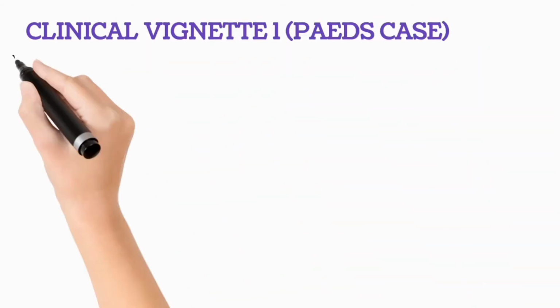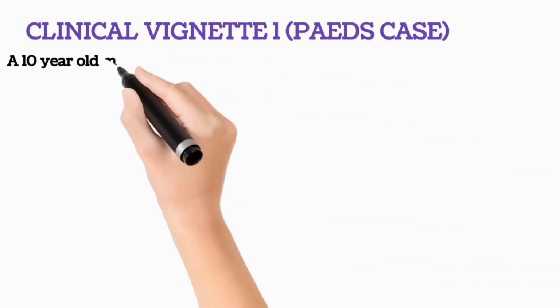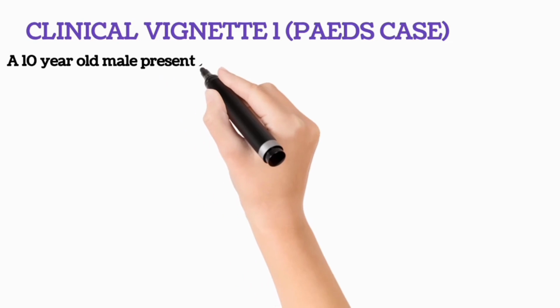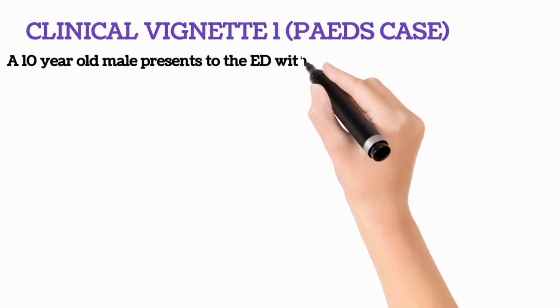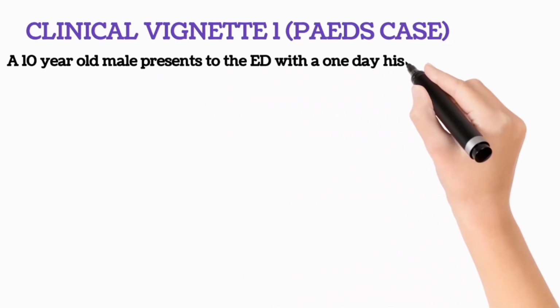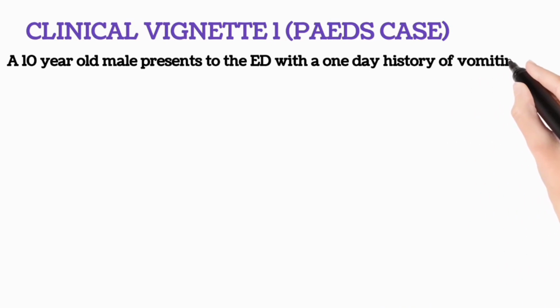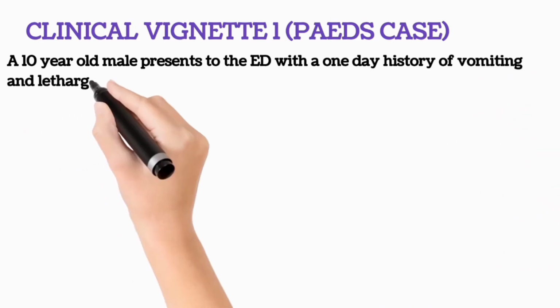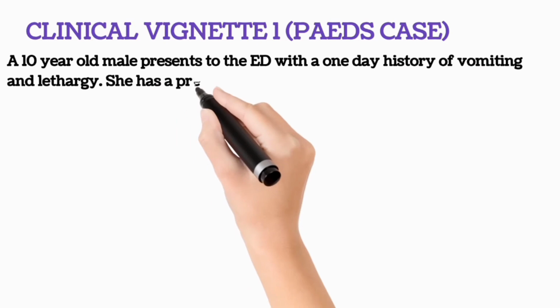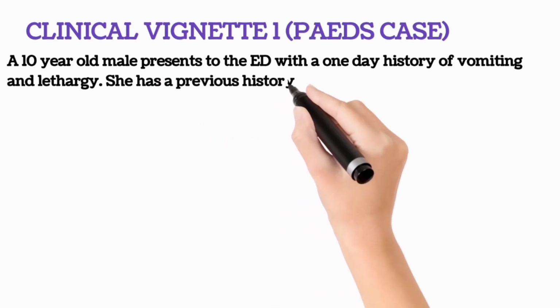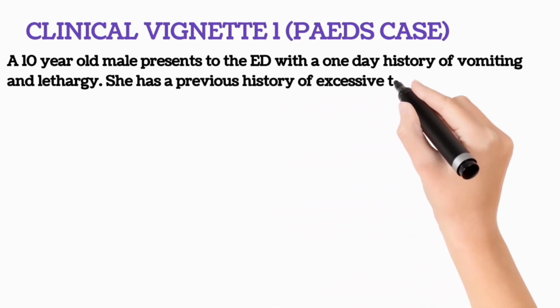Pediatrics, 4th years case, and it reads: a 10-year-old male presents to the emergency department with a 1-day history of vomiting, lethargy. She has a previous history of excessive thirst and frequent urination.